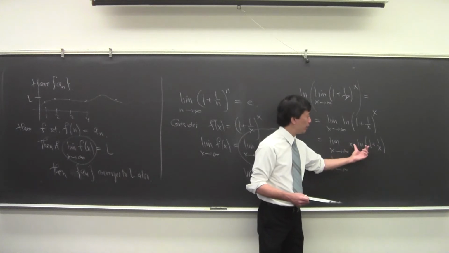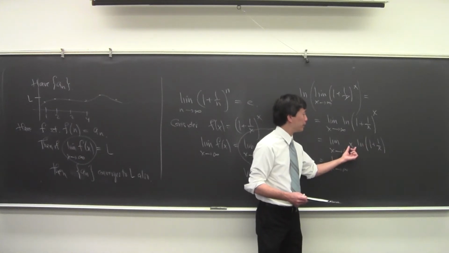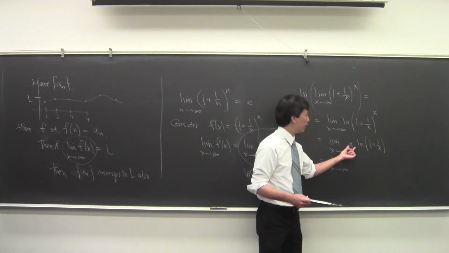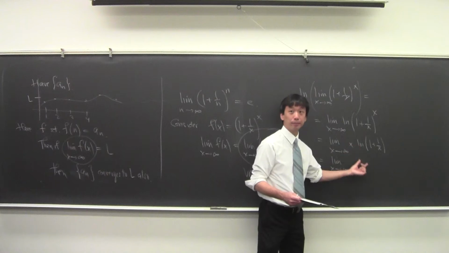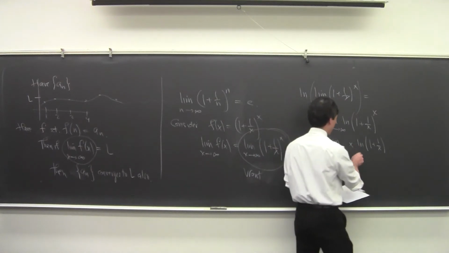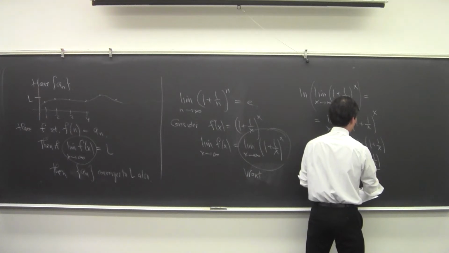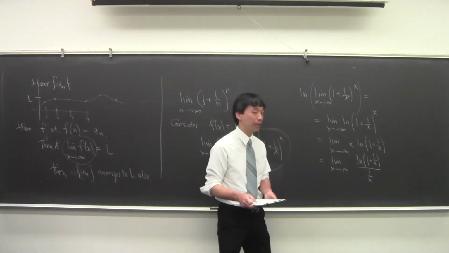With infinity times 0, generally what you do is bring this thing to the bottom, and you get the natural log of (1 plus 1 over x) over 1 over x as x goes to infinity.